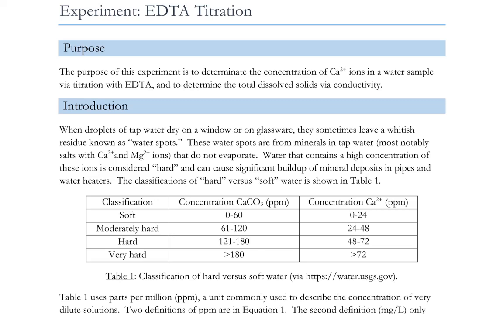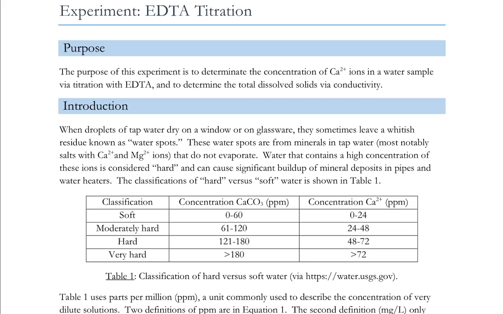So in our experiment, we get information allowing us to calculate the calcium ion concentration in a unit called ppm, parts per million. We will also convert that into concentration of calcium carbonate in the unit ppm because the standard is to work with calcium carbonate as opposed to just the calcium ion. The difference between the two takes into account the molar mass of calcium versus the molar mass of calcium carbonate. ppm is parts per million in units of mass, grams per million grams of solution.